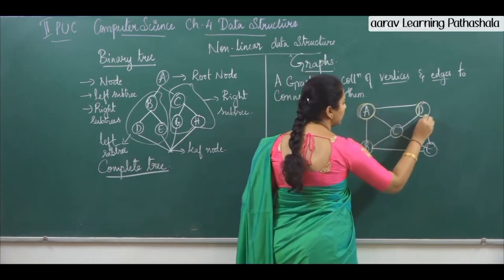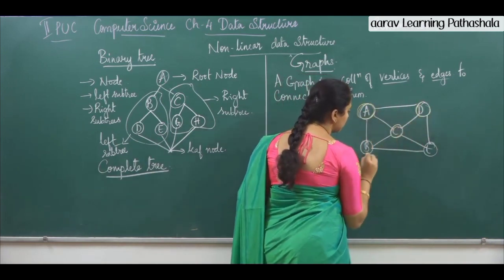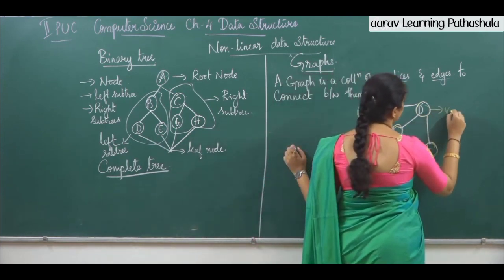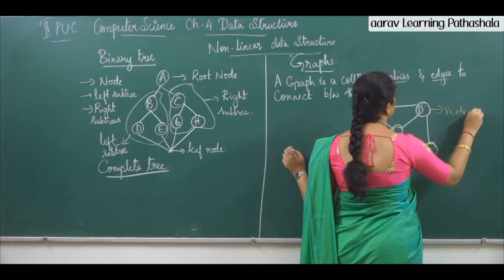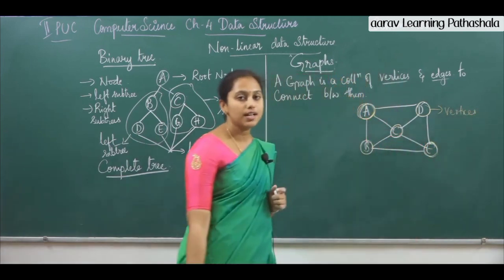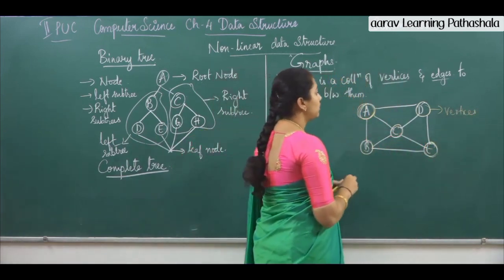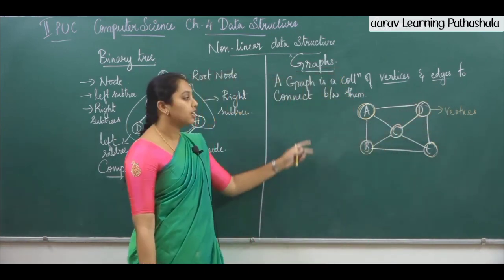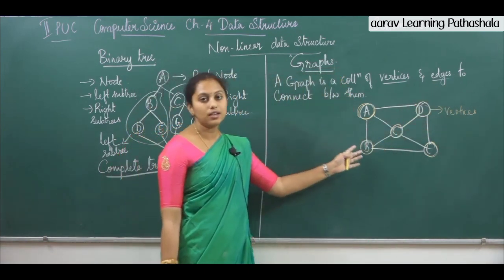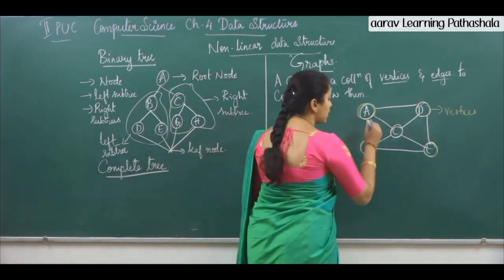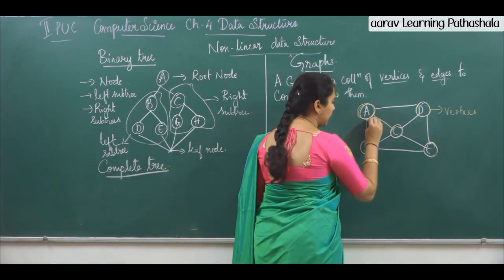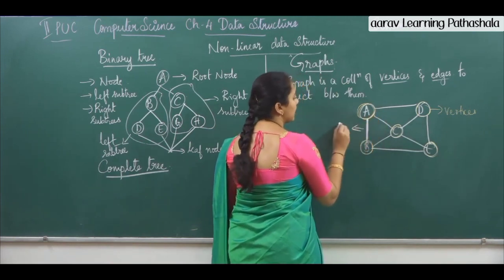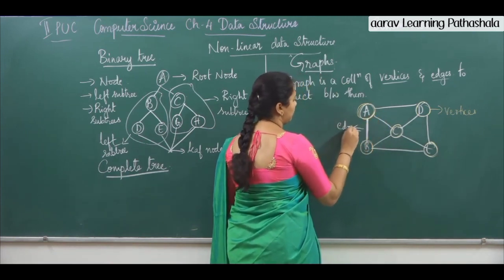Node A, D, C, B and E are the vertices. These are all the vertices of the graph. So what is the meaning of edges? The connection between the two nodes is called an edge. So the connection between A and B, this link is called an edge.